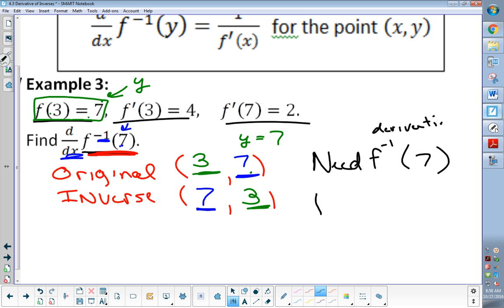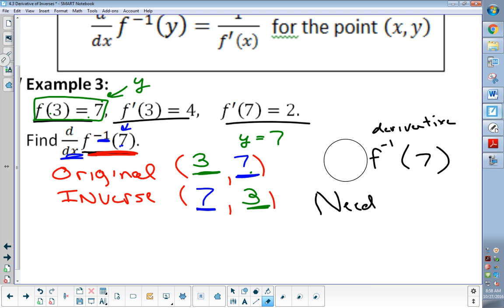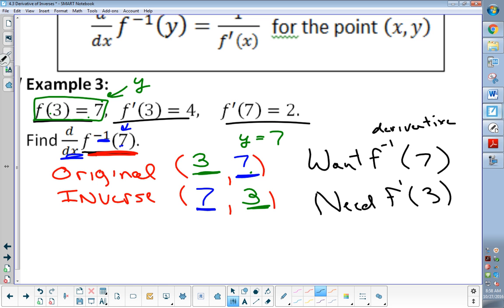What the derivative of the inverse is at 7, if I want to know that, I really need to know, if you want this, you need f prime at 3. You need to know what the derivative is of the other value. If I want this, I really need that one.